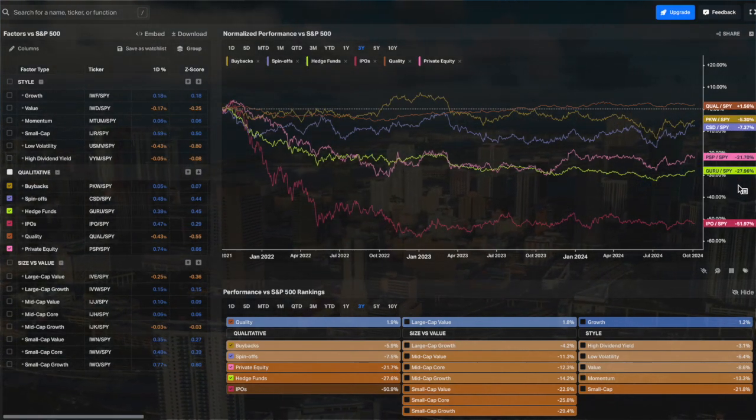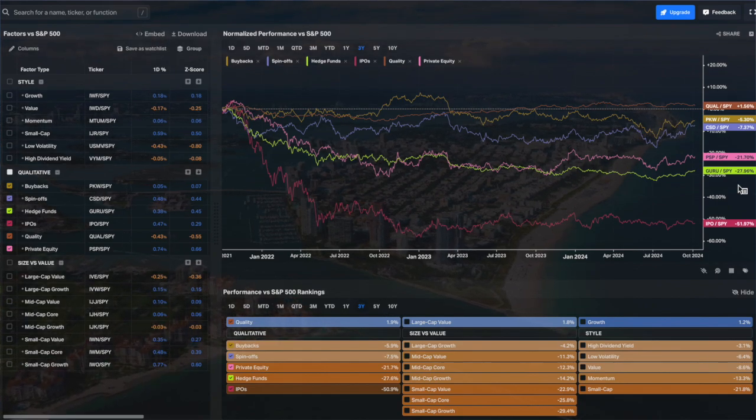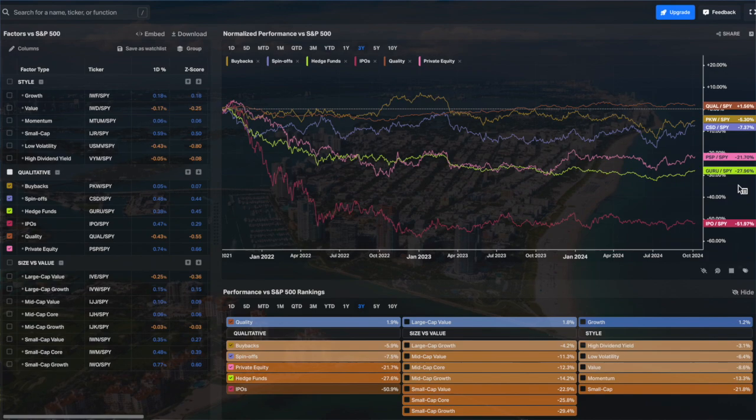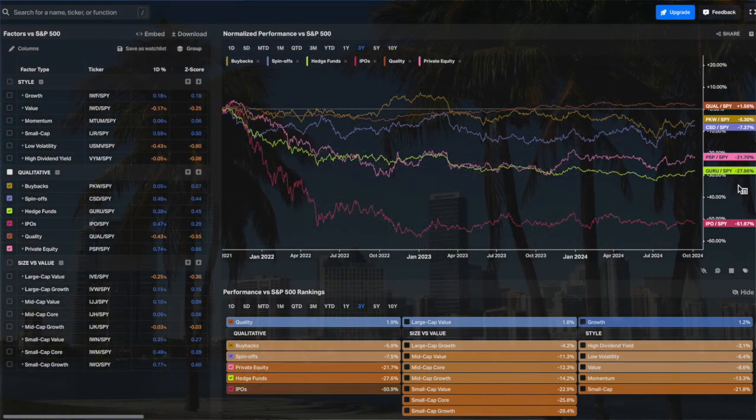So buybacks, yeah, I'm not surprised, right? Buybacks are just a trick, okay? It's not like investors and participants of the financial markets don't eventually figure out when boards are using tricks to prop up the stock price.